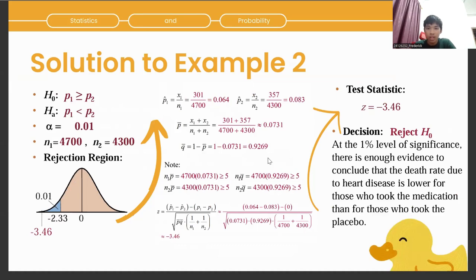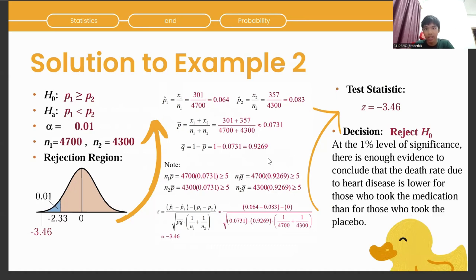So, of course, the null hypothesis is that P1 is greater than or equal to P2, and the alternative hypothesis is P1 is less than P2. We're assuming that the death rate of those who took the medicine is less than those who took the placebo.